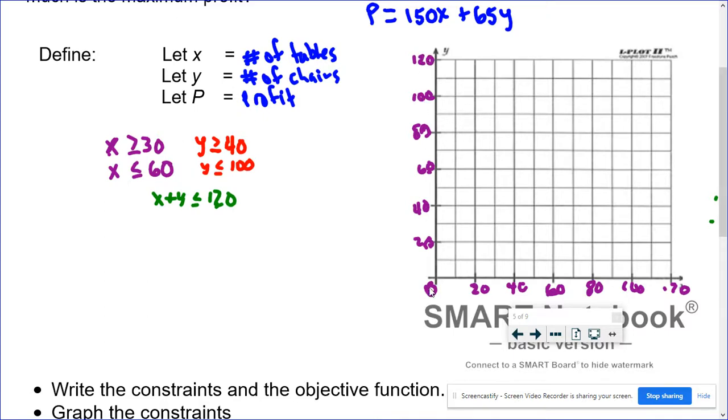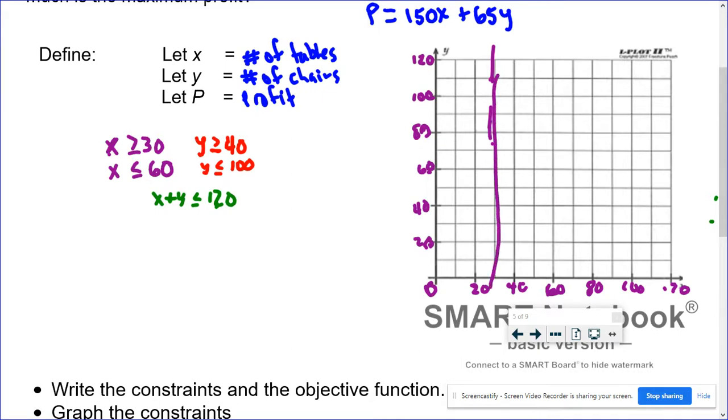All right. X greater than or equal to 30 is going to be a vertical line through 30, which is between 20 and 40.